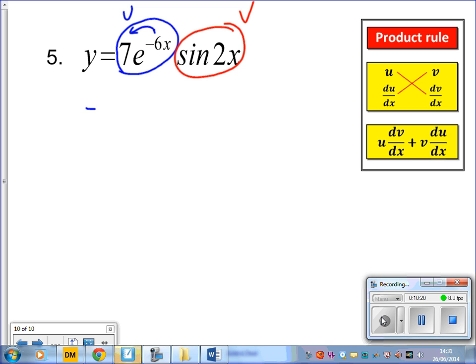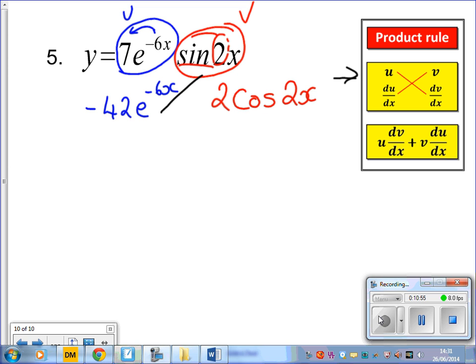So I'm going to have minus 6 times 7, 42e to the minus 6x, that part remaining the same. Differentiating sine, so sine goes to cos, 2x part remains the same. Remember this 2 needs to get moved to the front as well, so I'll have 2 cos 2x.